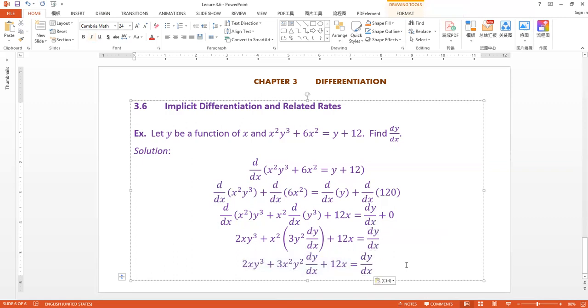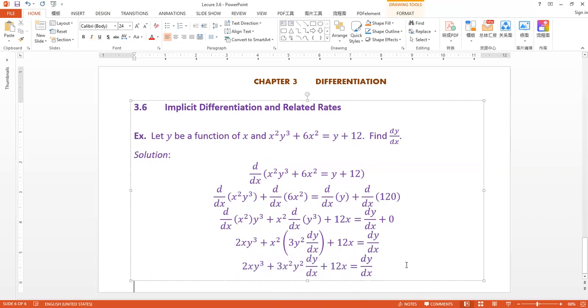Next we're going to move around the terms to combine like terms. The like terms here mean the terms with dy over dx and the terms without dy over dx. We're going to move the right-hand side dy over dx to the left, and 2xy cubed plus 12x to the right. We have to change the sign of everything when we move to the other side.